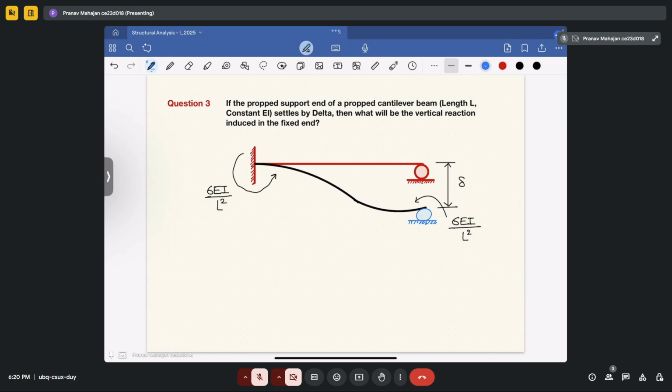Now let me write, this is your end A, this is your end B. As support B is a roller, therefore the moment at support B should be equal to 0.